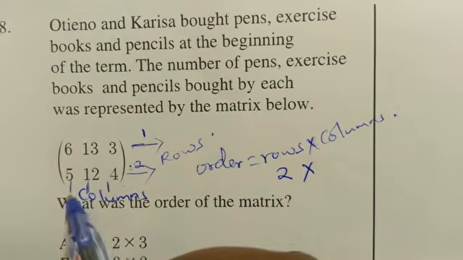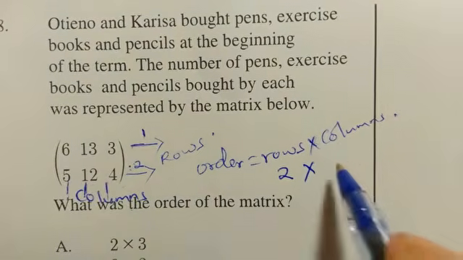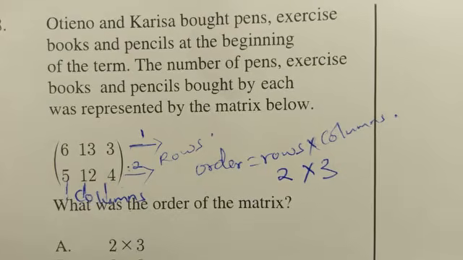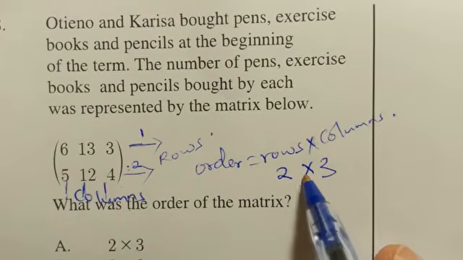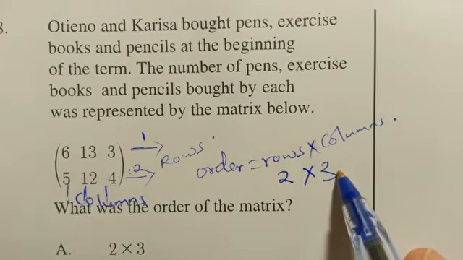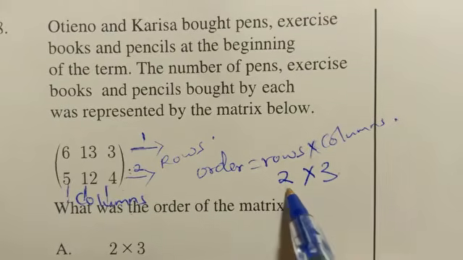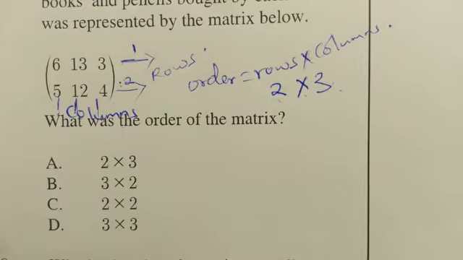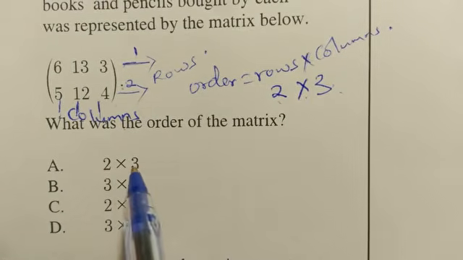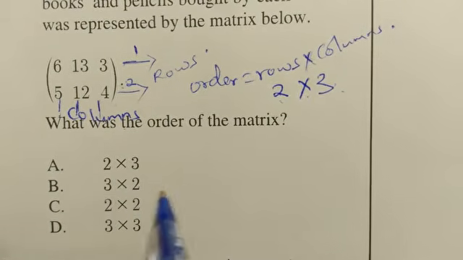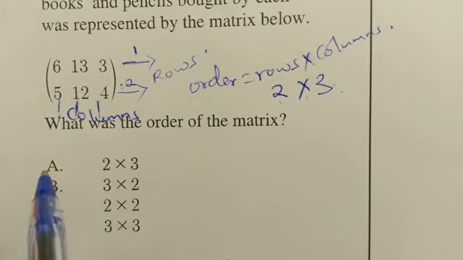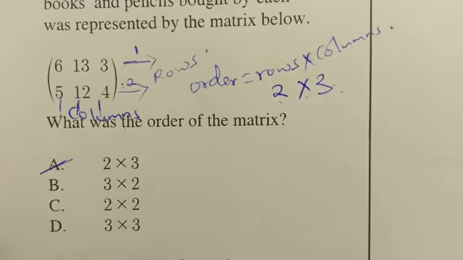We have 1, 2, 3. So this is a matrix of order 2 by 3. That's how we name them. So we have 2 by 3, 3 by 2, 2 by 2, 3 by 3. So the answer is 2 by 3, which is A.